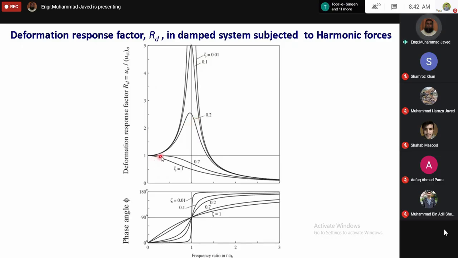Now you can see when the frequency ratio is not too high, इस रेंज में अगर आप देखें, इस रेंज में ये जो मैं सर्कल, तो जब फ्रीक्वेंसी रेशियो बहुत ज्यादा ना हो तो डिफॉर्मेशन रिस्पांस फैक्टर जो है उसकी क्या वैल्यू होगी? जवाब दें इसका.